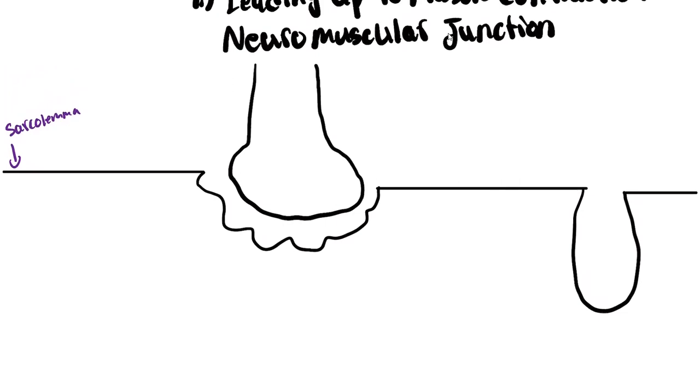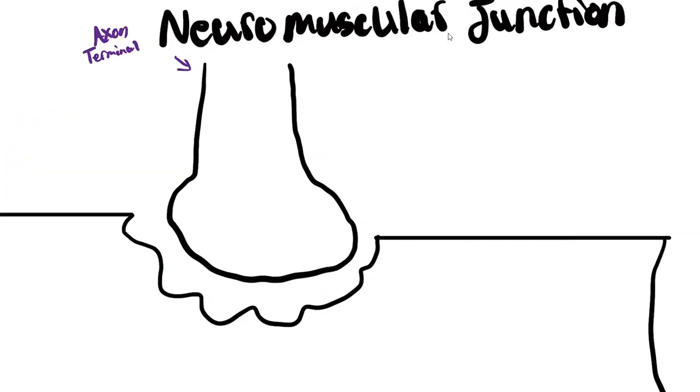And then we have the axon terminal. Okay, so the first step is that we have the action potential arriving at the neuron or the axon terminal.